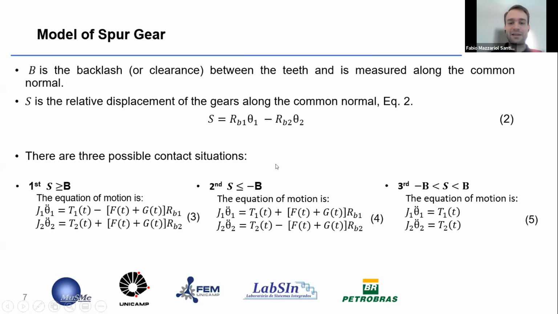So the dynamic equations of the gear pair change depending on these conditions. Okay, so in each gear we can have the torque in the shaft plus the damping and the stiffness between the gear contact.